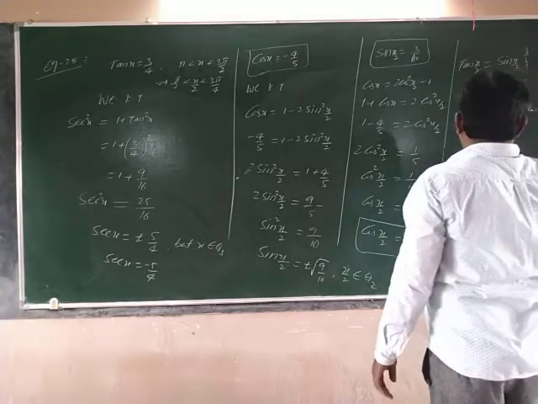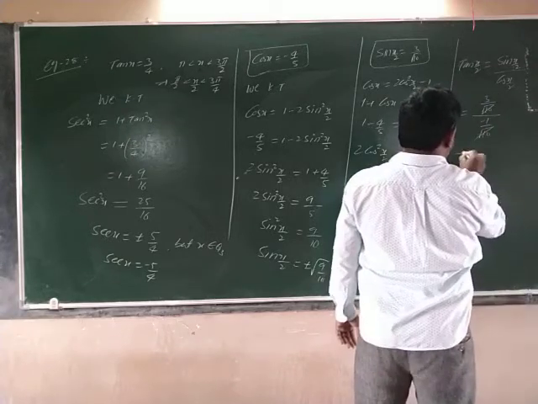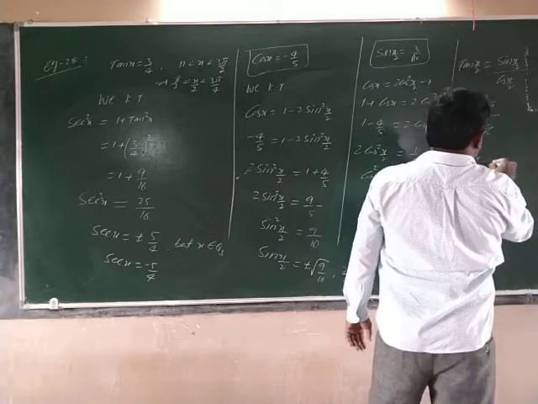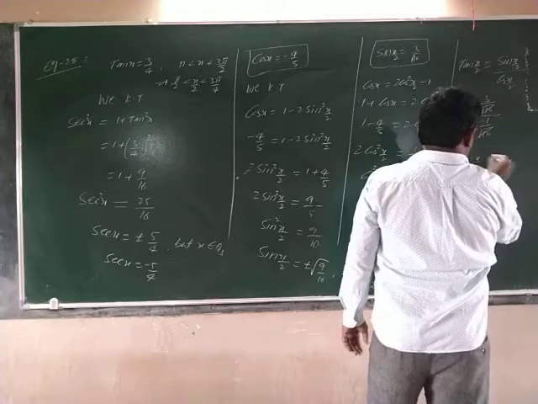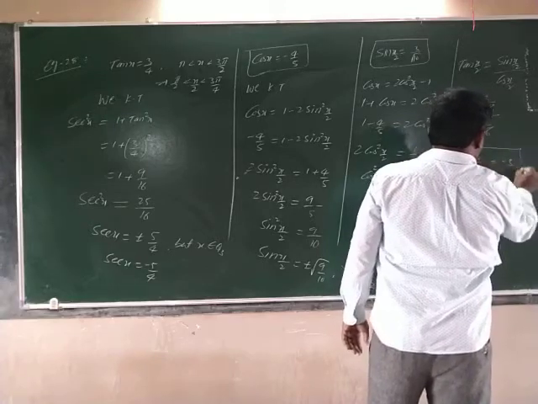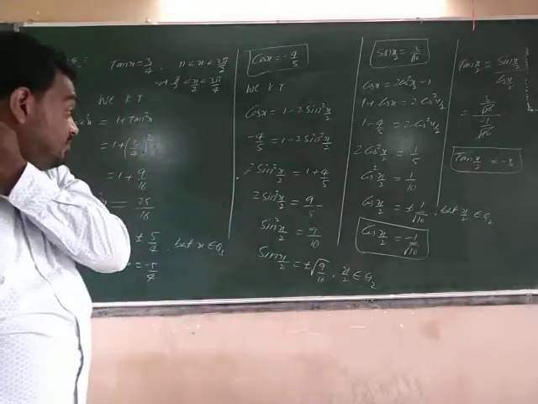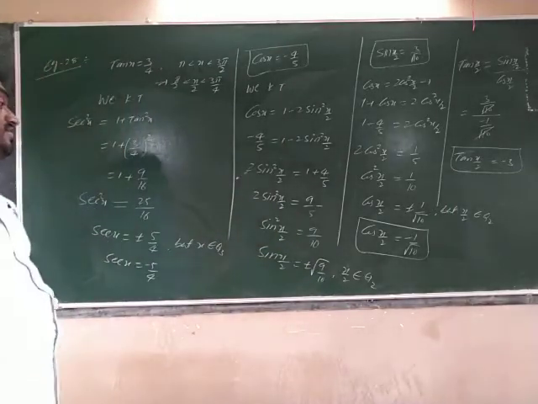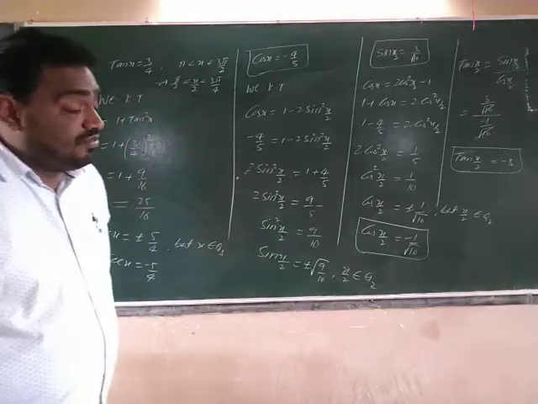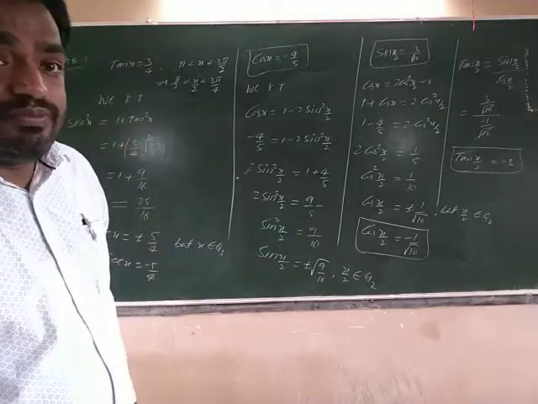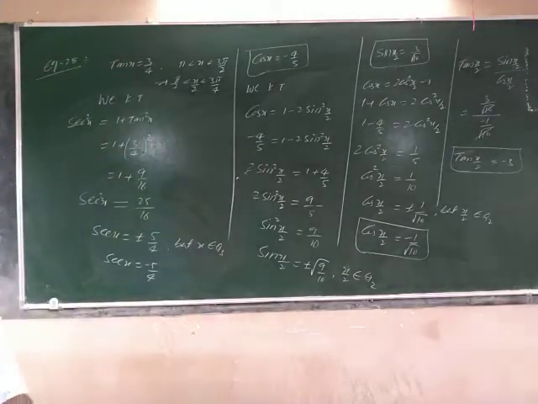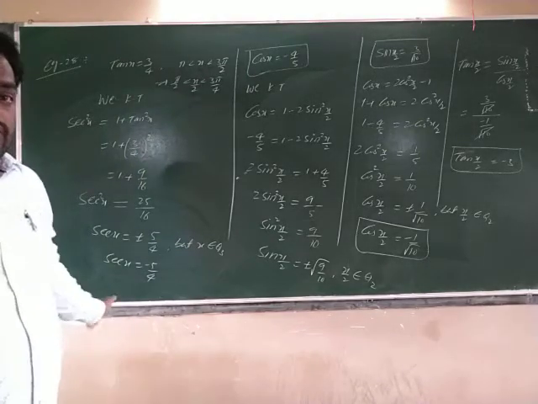Root 10 cancels, and 3 by minus 1 is equal to minus 3. This is the tan x by 2 value. We found sin x by 2, cos x by 2 and tan x by 2. This is the method to find these functions. Clear now? Based on that, I will give an exercise question now.